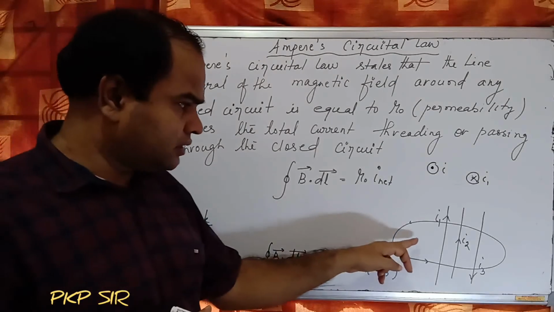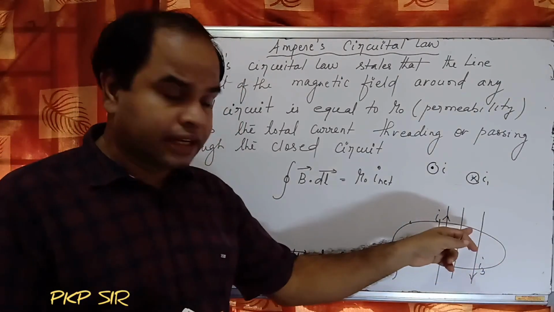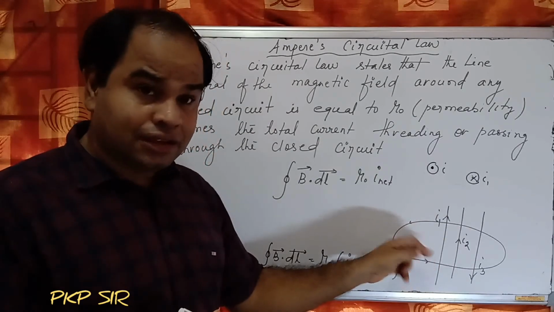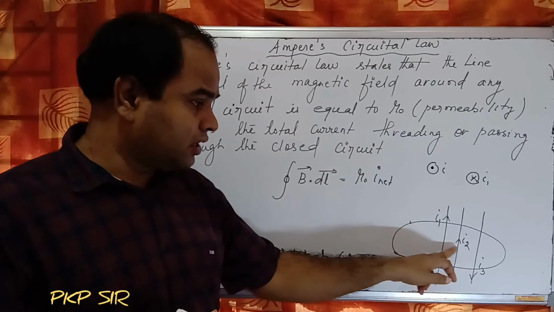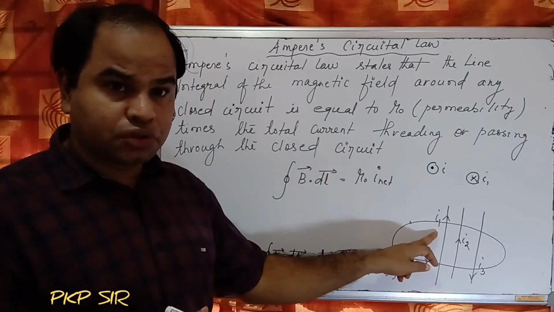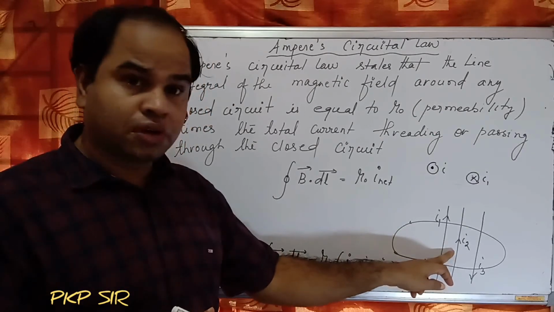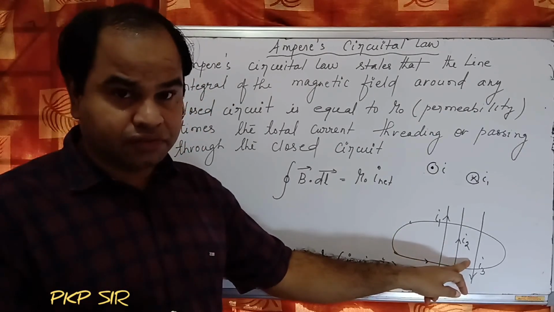So in this example, this is our closed line encircling the three current carrying conductors carrying currents I1, I2, I3. I1 is upward direction, so positive. I2 upward direction, positive. I3 downward direction, negative.